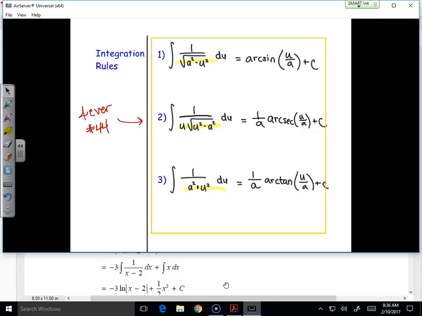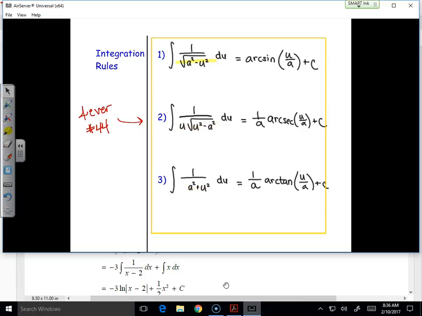The a is different for a very particular reason, and we need to memorize the a. It'll be way easier to memorize these formulas with a's than to try to go back to 1 minus u squared, u squared minus 1, and u squared plus 1, or 1 plus u squared, however you found arctangent. So, long story short, these are almost those derivative rules backwards. The a's are there for a very important reason we will see today as we do examples.